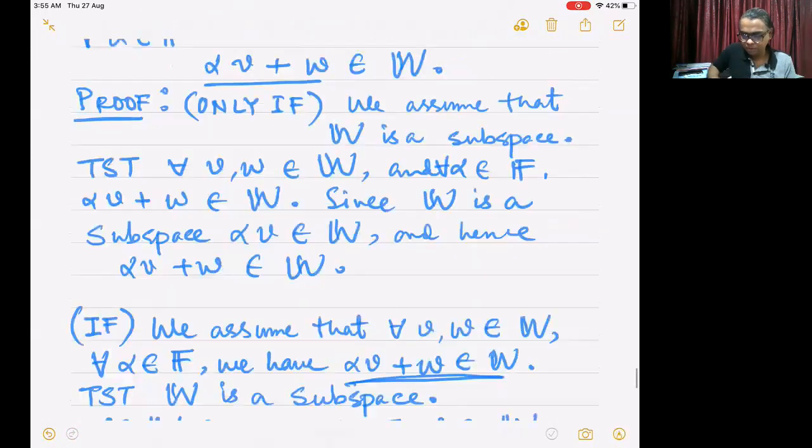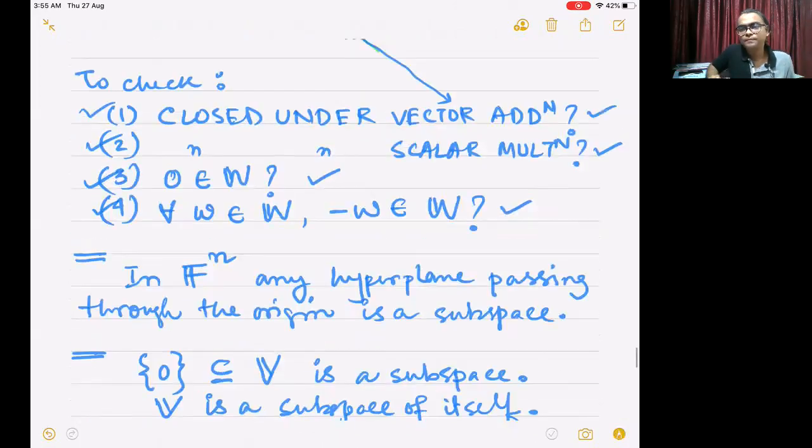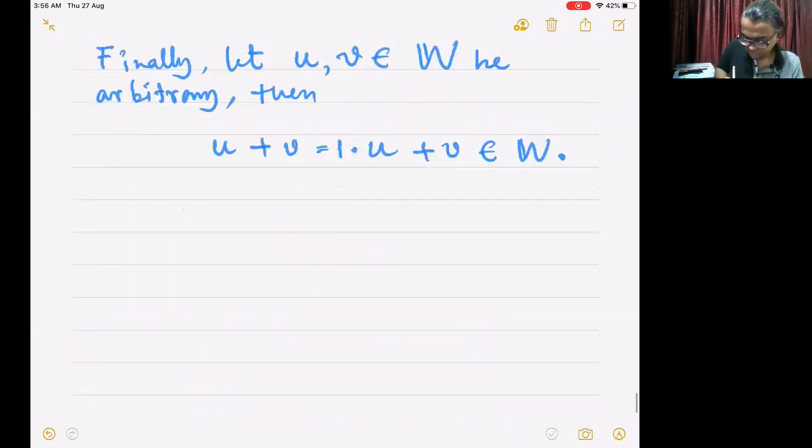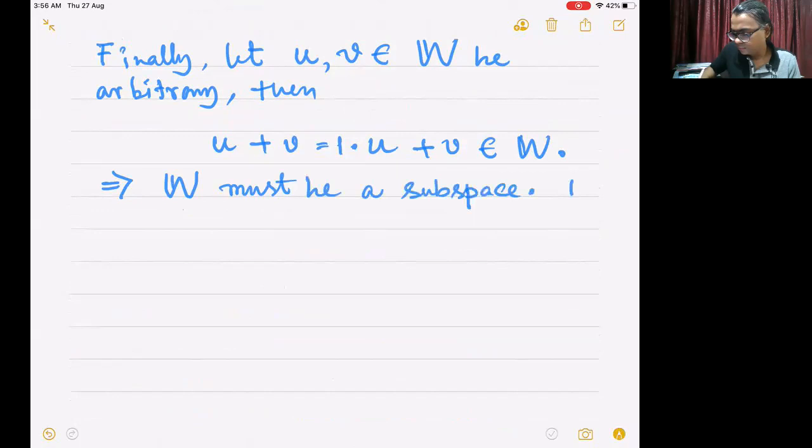So this property is satisfied. So all these four properties are satisfied, which would imply W must be a subspace. This completes the proof.